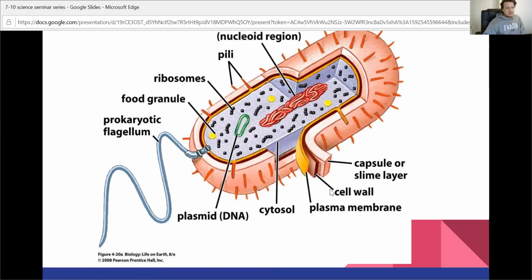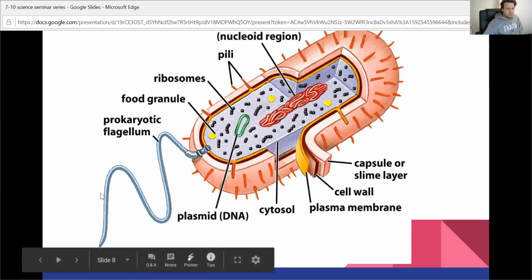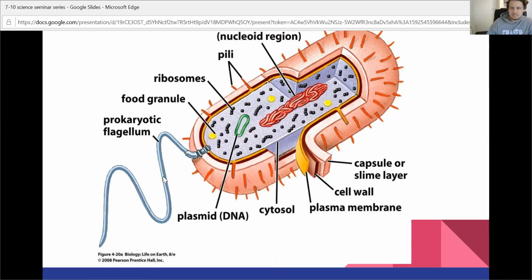Human cells or animal cells do not have a cell wall, but bacterial cells and plant cells do. And I've got this flagellum. If you watch bacterial cells under the microscope, they quite literally swim around, attacking each other.